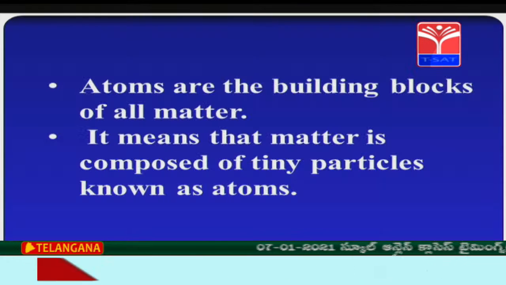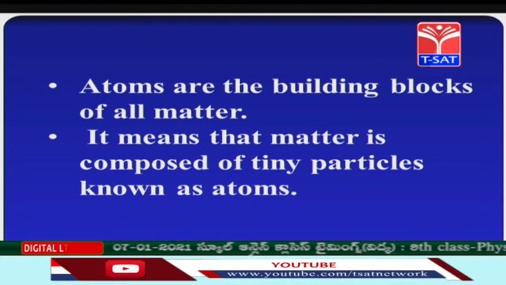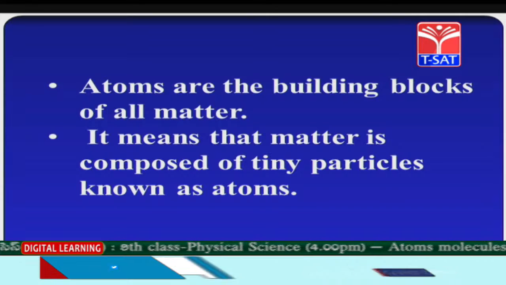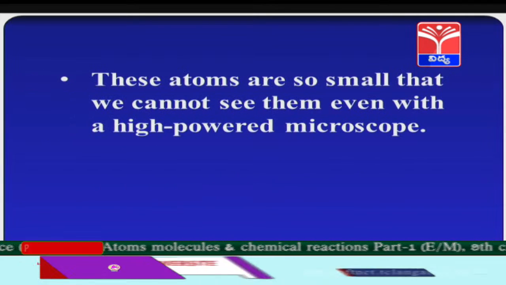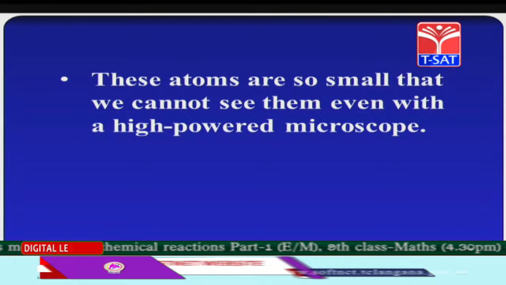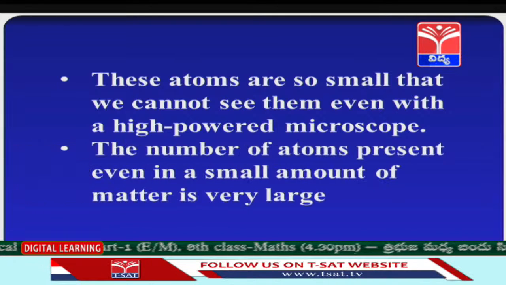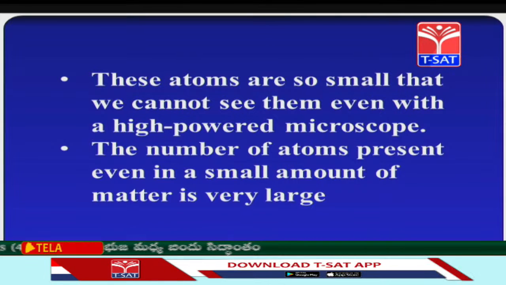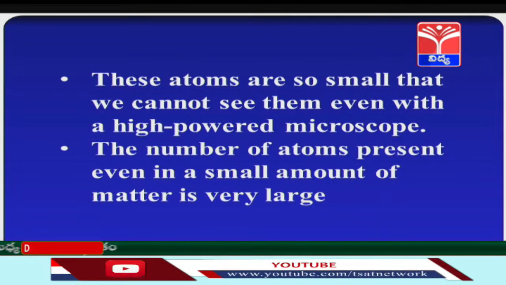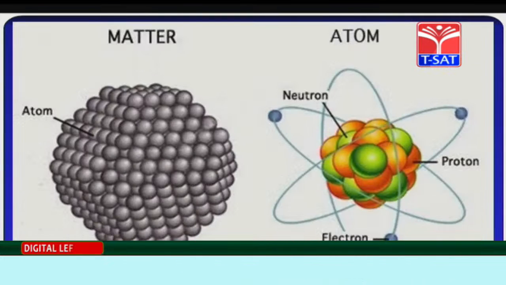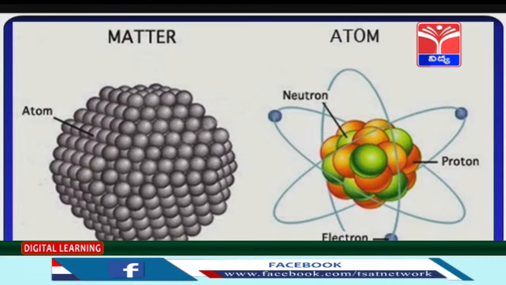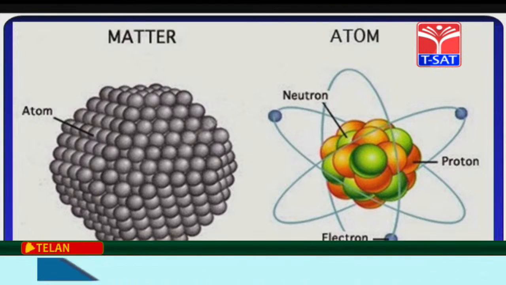So, atoms are the building blocks of matter. It means that matter is composed of tiny particles known as atoms. These atoms are so small that we cannot see them even with a high powered microscope. Matter contains a large number of atoms. As I told you, matter exists in 3 states: solids, liquids, gases.